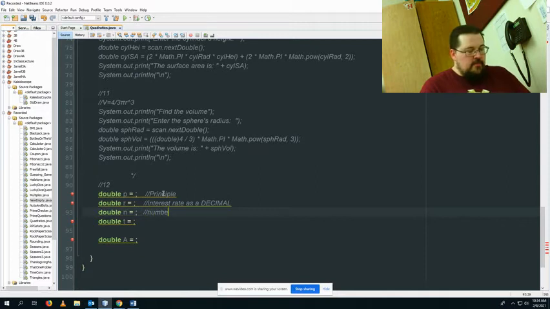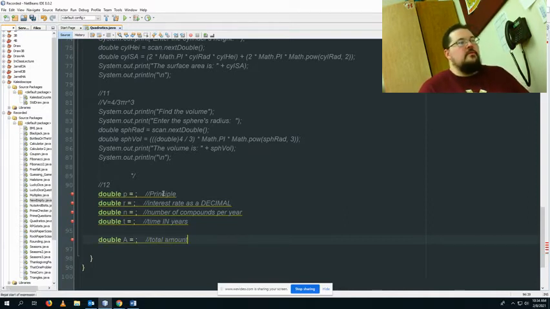Okay. N is number of compounds per year, and T is time in years, and total amount. Okay, so we've got to hard code these.